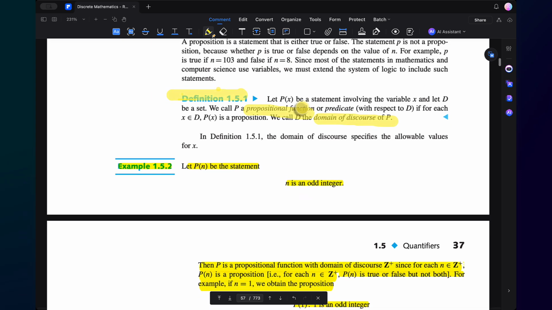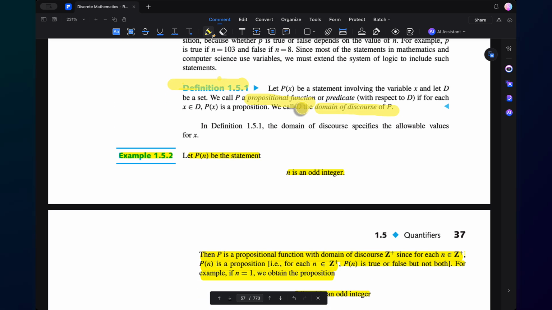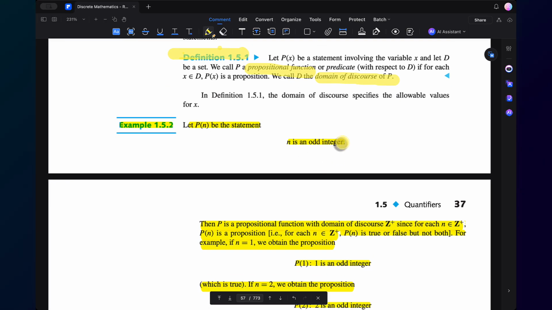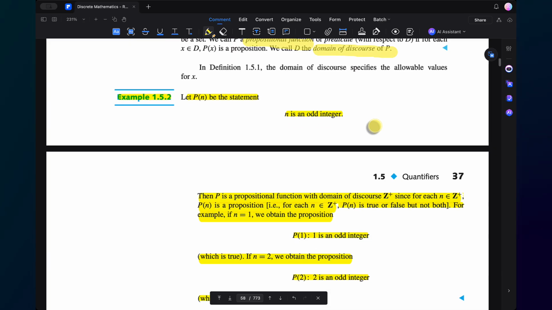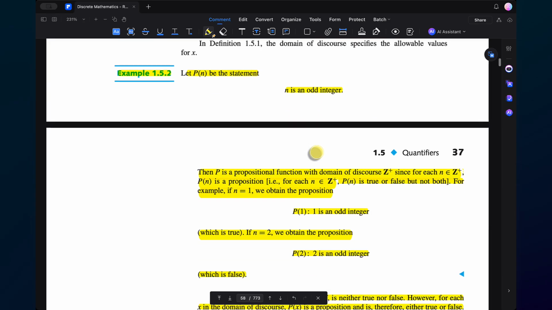Here's an example. Let P of n be the statement n is an odd integer. Then P is a propositional function with the domain Z plus of positive integers, since for each n inside of the set of all positive integers, P of n is a proposition.